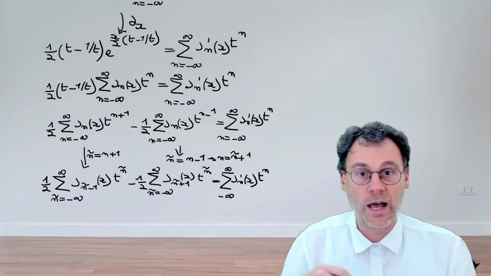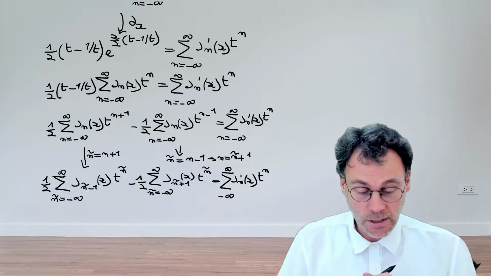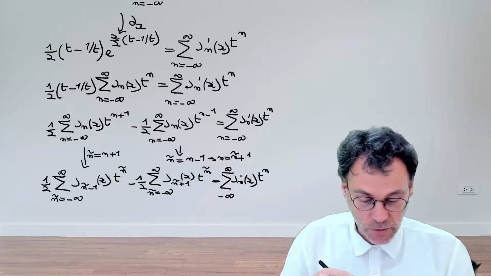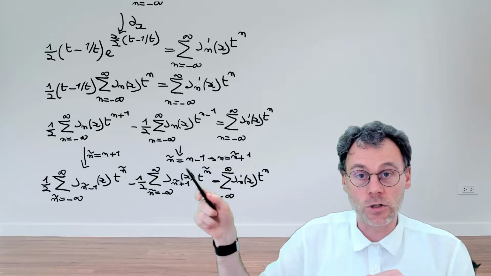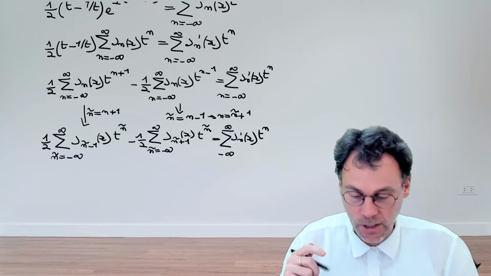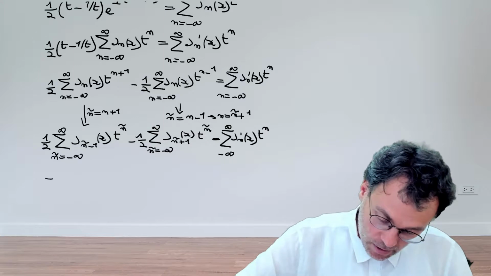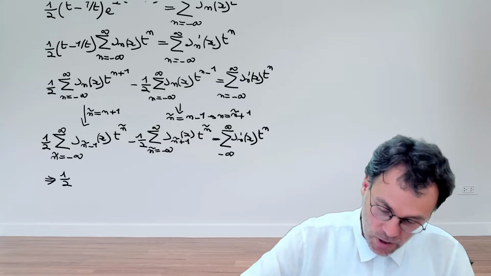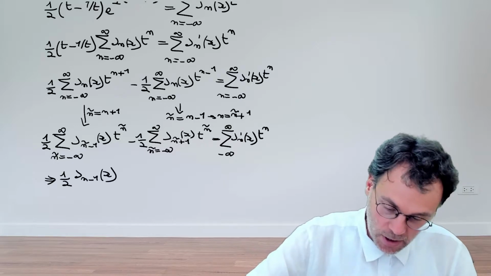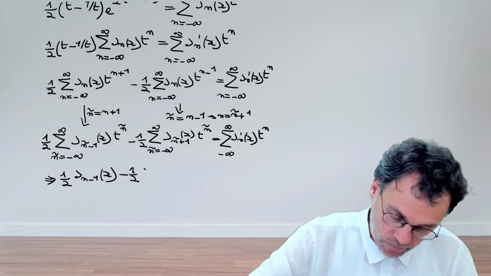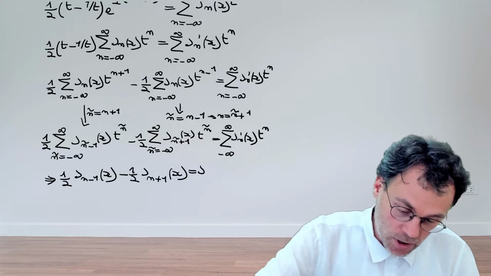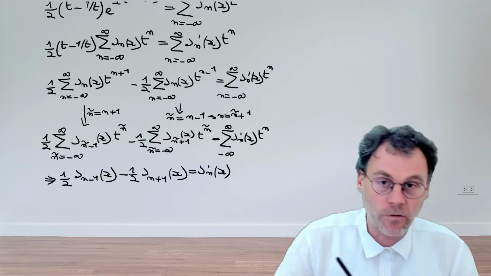Now in this case, we can easily identify the like powers of t, so that's pretty straightforward. Again, we just drop the tildes here because it's a purely cosmetic operation at this stage. And if we do that, we can easily read that 1/2 J_{n minus 1}(x) minus 1/2 J_{n plus 1}(x) is equal to J_n'(x).